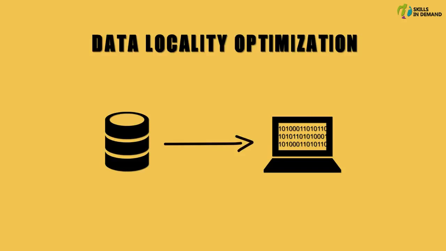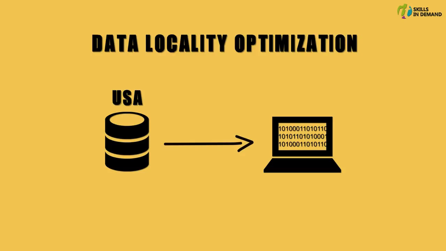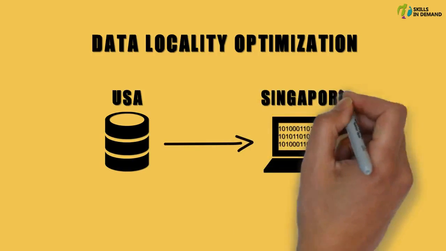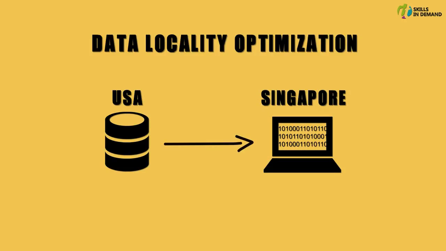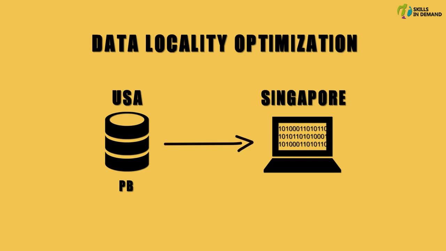For example, let us say the data required by our program is located at some data center in the USA, and the program that requires this data is located at Singapore. Let us assume the data required by the program is around 1 petabyte in size. Transferring such a huge volume of data from USA to Singapore would consume a lot of bandwidth and time.